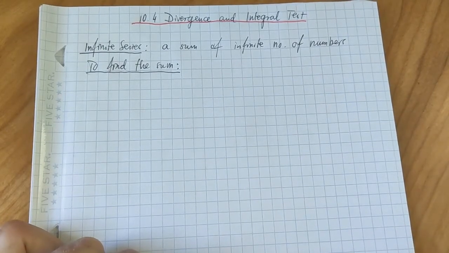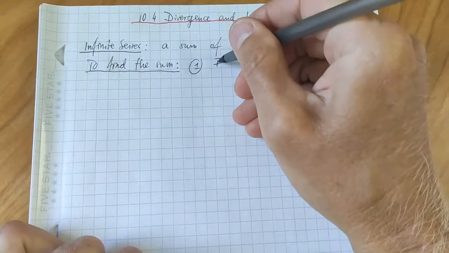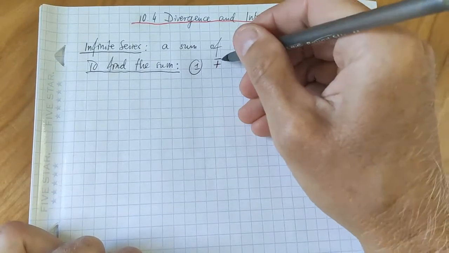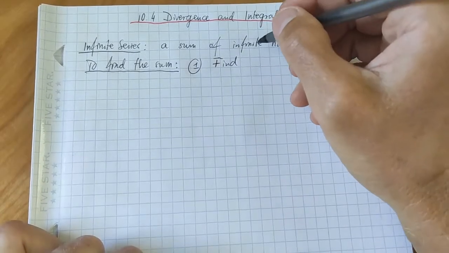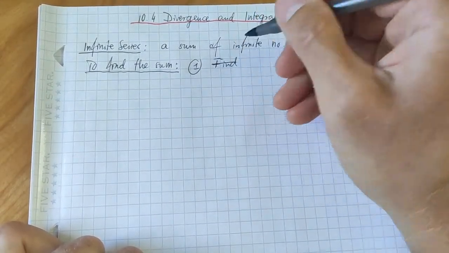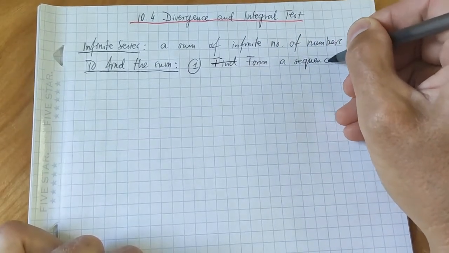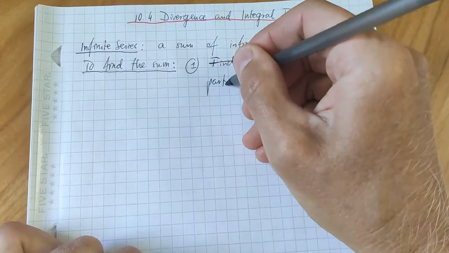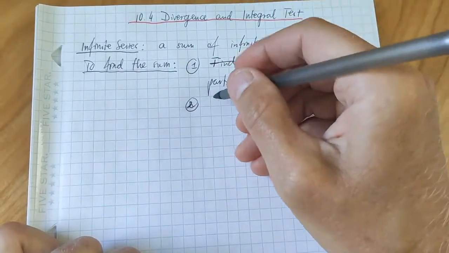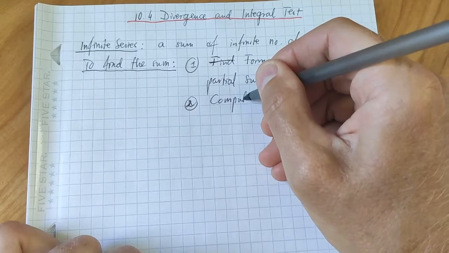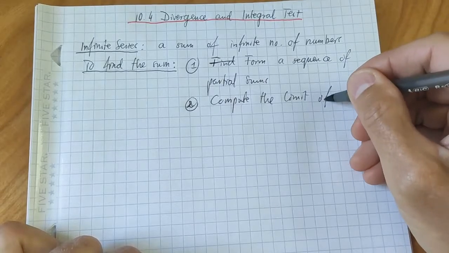To find that sum, we find the sequence of partial sums, and then we compute a limit of that sequence.